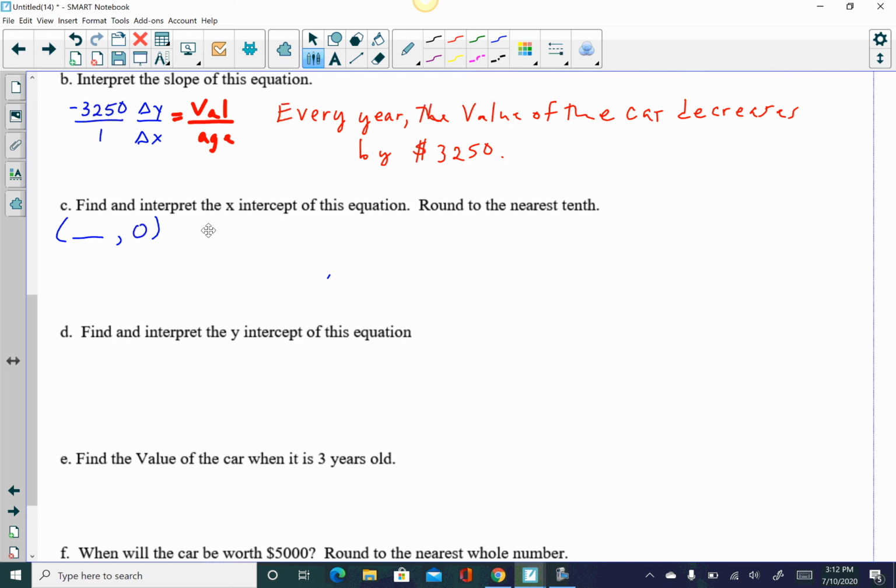Our equation, I'll remind you, was y equals negative 3250x plus 24,250. So I plug 0 in for y, and I'm solving for x. It's always the case. Anytime you're trying to solve for an x-intercept, you're always plugging 0 in for y and solving for x. I subtract that 24,250.